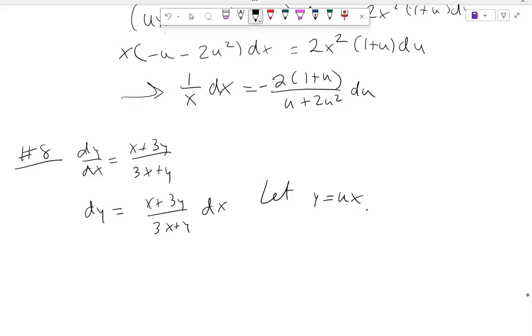dy again is going to become u dx plus x du. I have to use a product rule, right, when I do the differential. It's always going to be that, by the way. On top, do I need to plug anything in for the x? No. x plus 3ux over 3x plus ux.